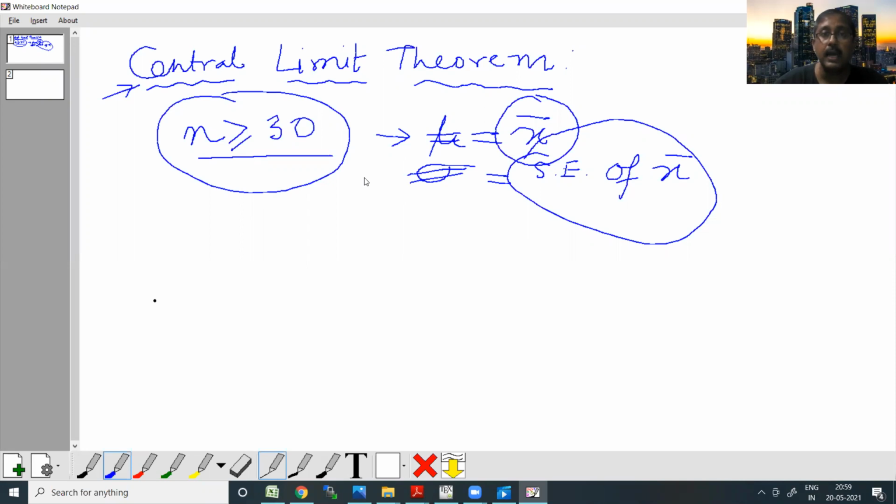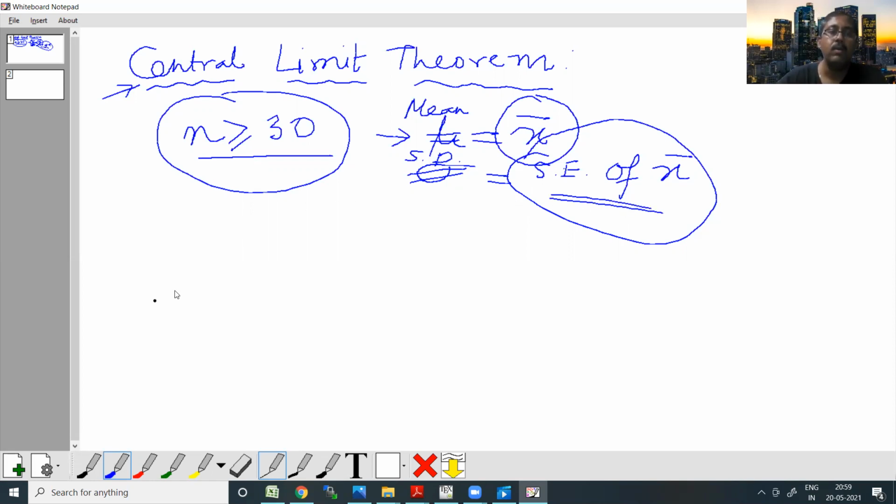So let me just write it as mean for the sampling distribution of x bar, and standard deviation for the sampling distribution of x bar. The mean for the sampling distribution of x bar is equal to x bar itself, and the standard deviation for the sampling distribution of x bar is equal to the standard error of x bar.